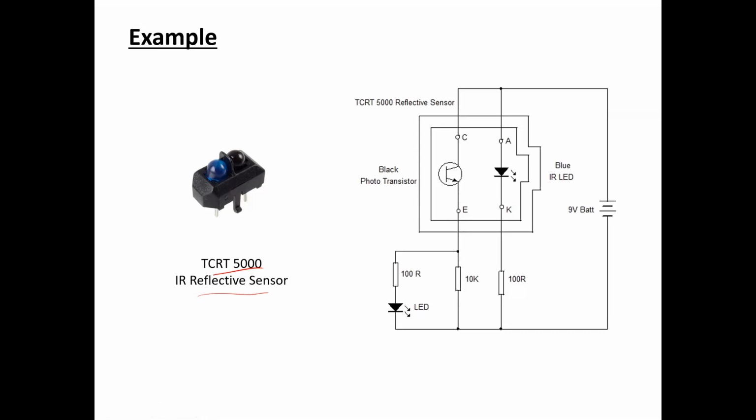If you have done the line follower project, then you might have used this sort of sensor to construct the sensor array for detecting the lines. This particular sensor contains two photo devices. One is the IR LED, and the other one is the phototransistor.